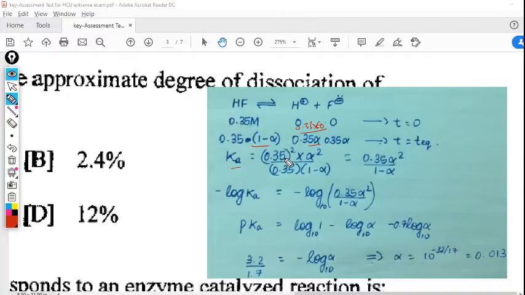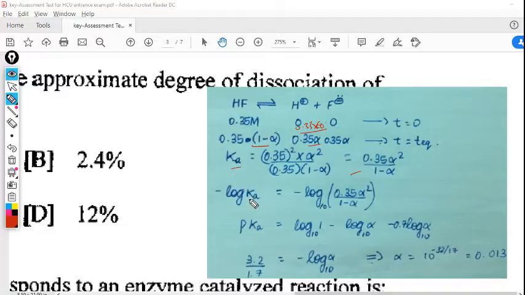So Ka is the acid dissociation constant, which is the concentration of the products by the concentration of the starting materials at equilibrium. So 0.35 square alpha square by 0.35 into 1 minus alpha. Okay, this results in 0.35 alpha square by 1 minus alpha. And next, conversion of Ka into pKa.